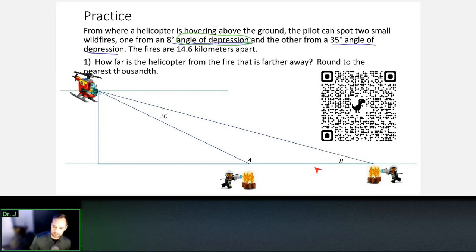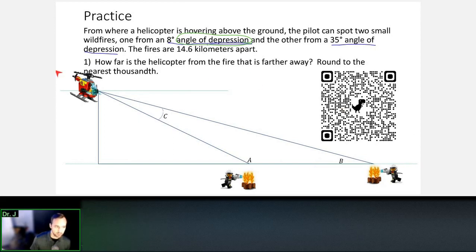All right, Enzo, Isabella, or Noah, want to jump in and tell us what the angle of depression is? Be specific. So it's the angle made with the line of sight and the horizontal line that is parallel with, in this case, the ground.